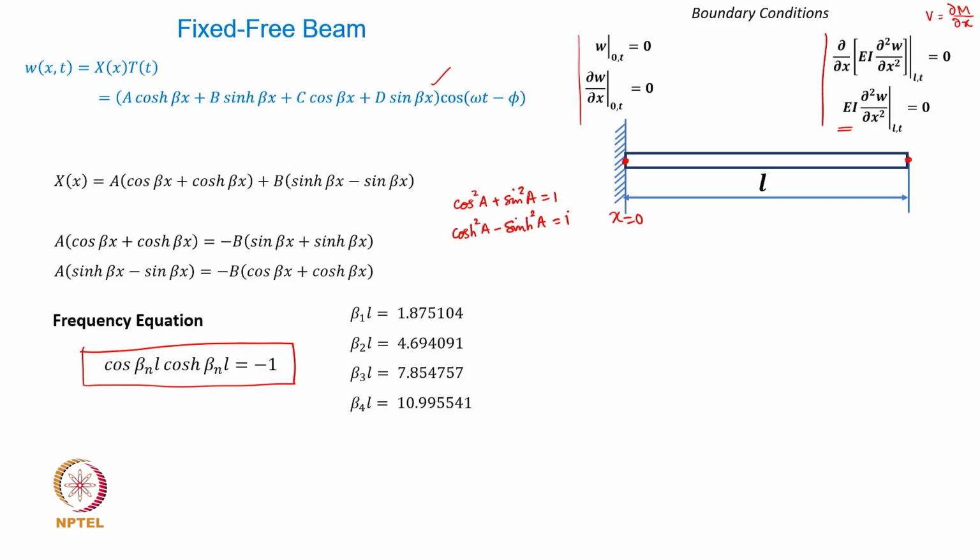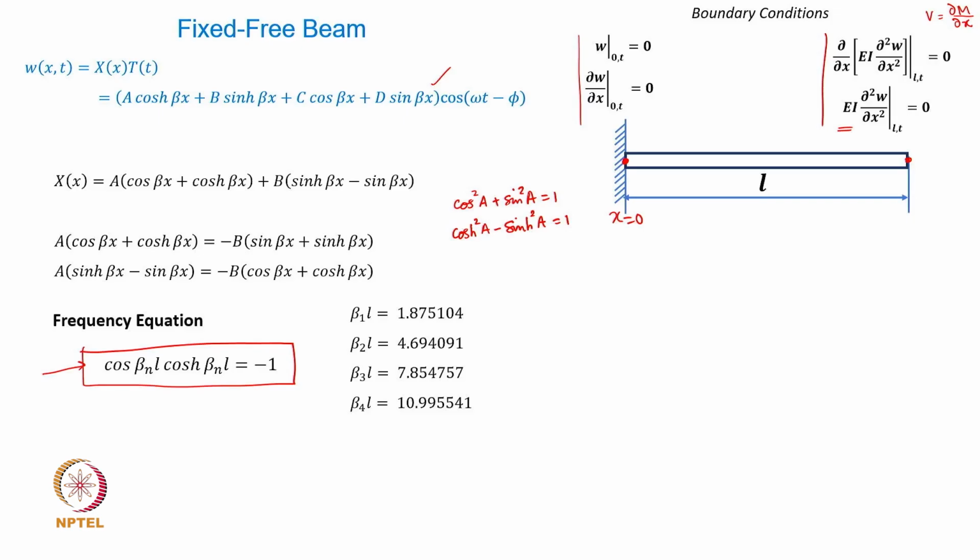If we use these identities in the solution process, the frequency equation that you will arrive at is going to be this: cos(beta n L) cosh(beta n L) equal to 1, where beta n is the constant associated with the nth mode solution, because we are now assuming a free vibration response. Individual modes are going to generate a specific beta value, and that is the beta n value.